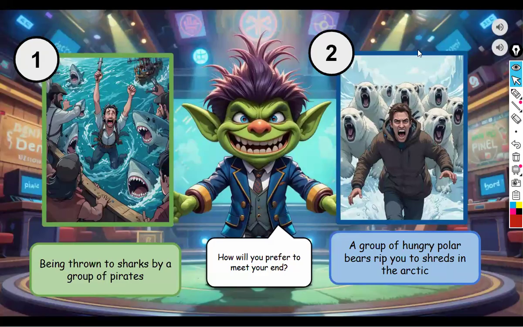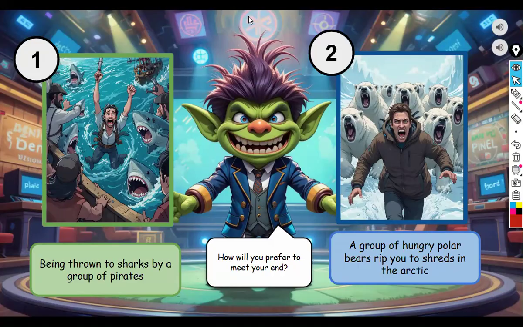Let's get the polls running here. Let's see the winner. And the winner is the Sharks. Now, personally, I would have chosen the polar bears. Not me and sharks, and not me and the ocean.